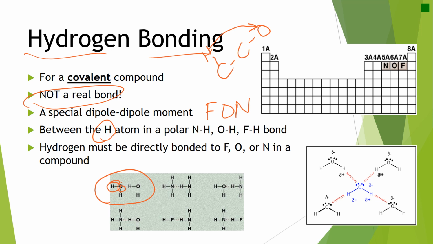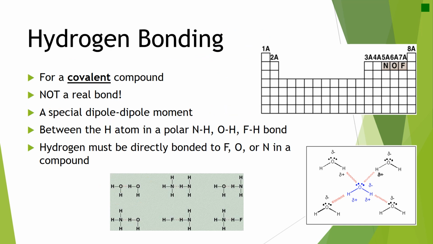Now what happens with hydrogen bonding is that because these elements F, O, or N are very electronegative, they tend to draw, within that polar bond, a lot of electrons. So this is extremely negatively charged. I'm going to make that red because I like red to exhibit the negatives.